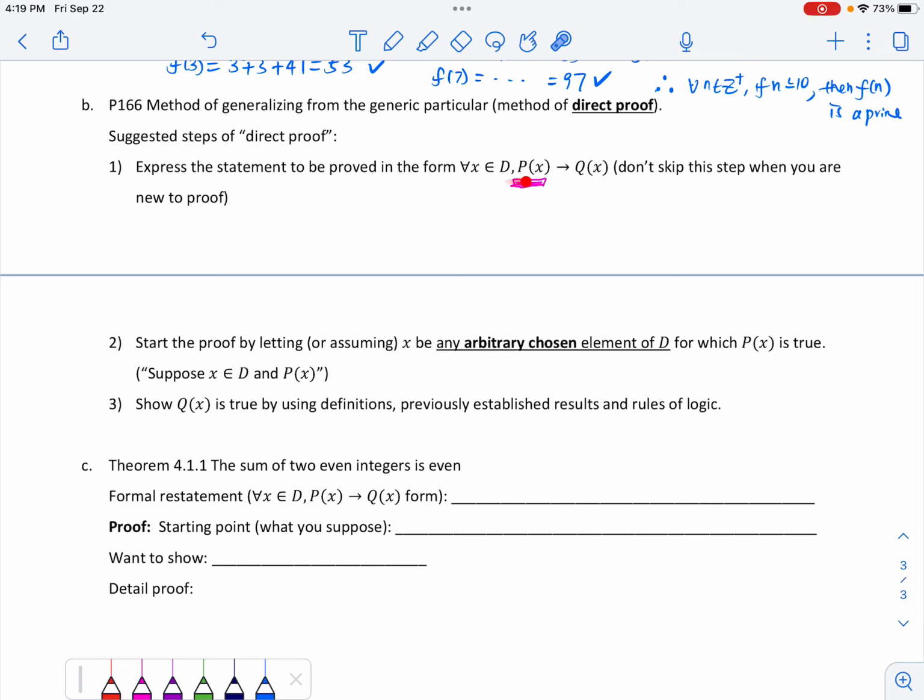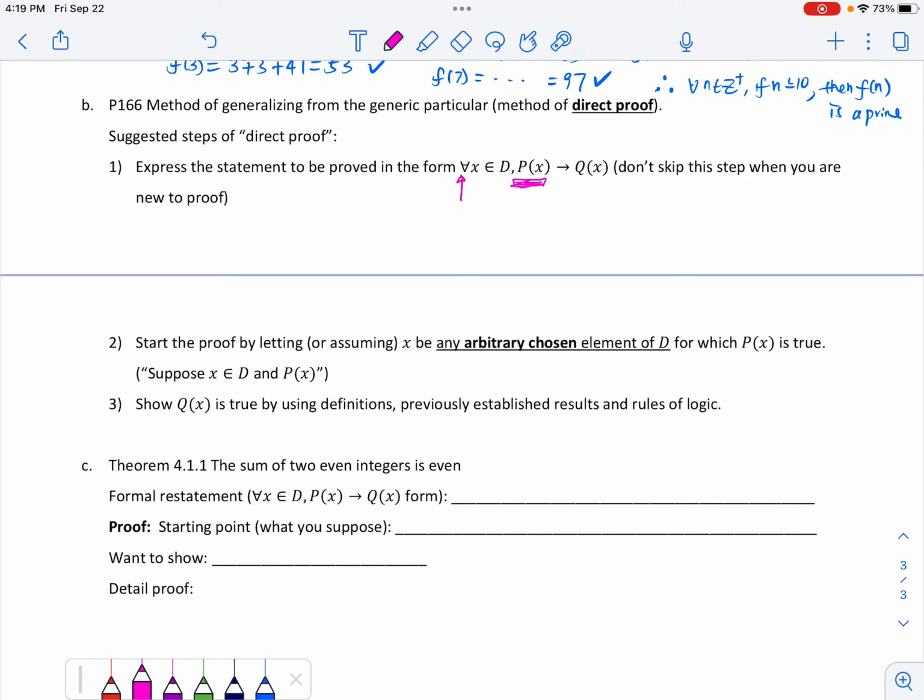Second, once you clearly rewrite the original statement into this form, if it is not in this form yet, rewrite that. Then you start the proof by assuming x to be arbitrarily chosen from this set D. Why do we do that?